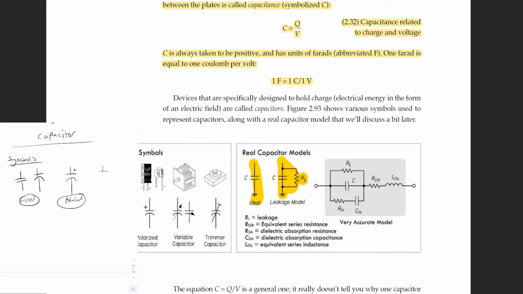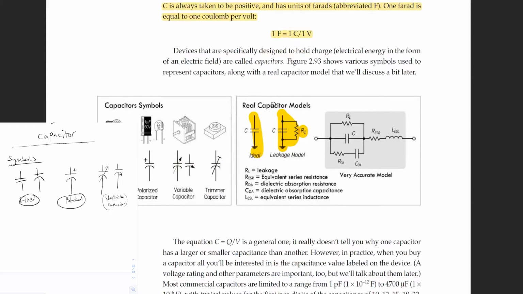Variable capacitor. Don't really know how that works. Do the plates move inside? This is a confusing symbol, with an arrow on it. Variable. So there's a trimmer capacitor. I'm going to skip that. I don't feel like I need to know that one.